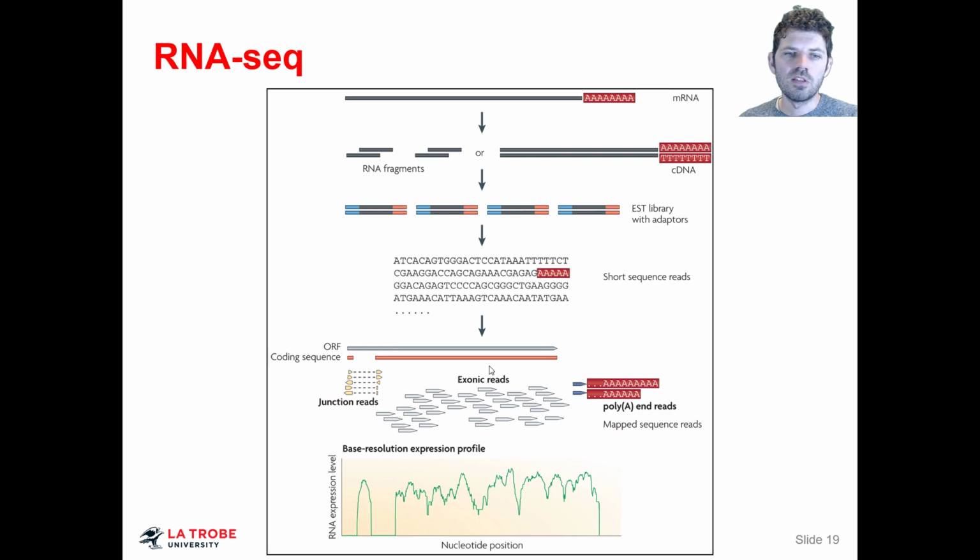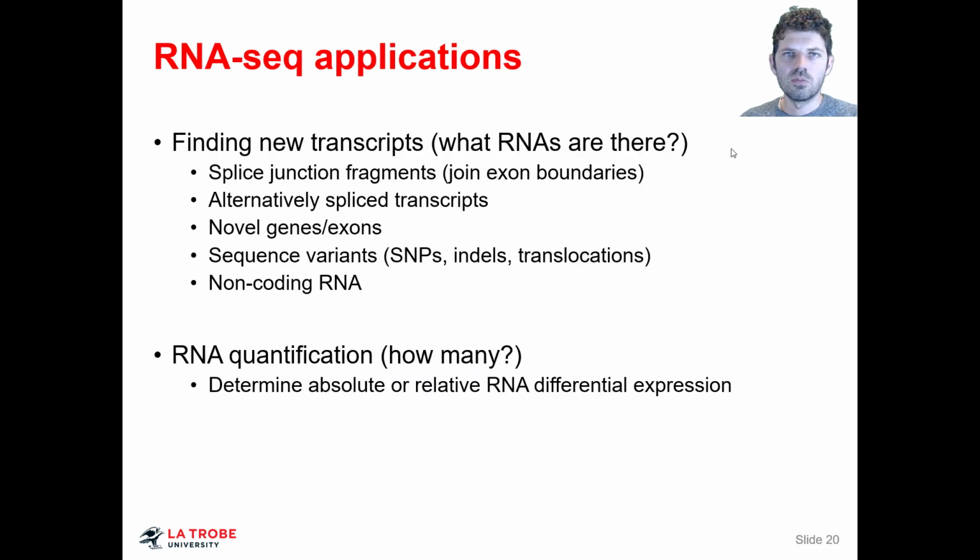You can see here that there's a higher amount of reads in this region, and a slightly lower amount basically corresponds to a decreased RNA expression level. RNA-seq is pretty useful in terms of measuring the amount of RNA being expressed by genes.